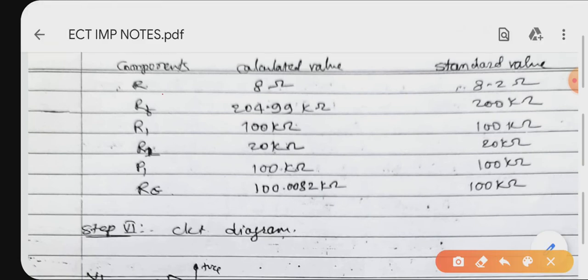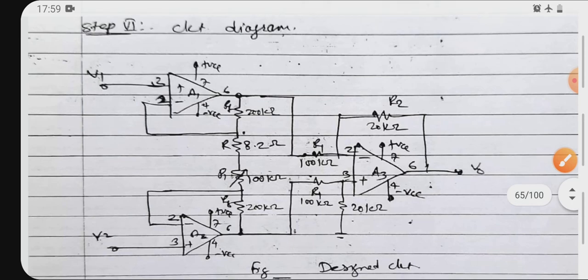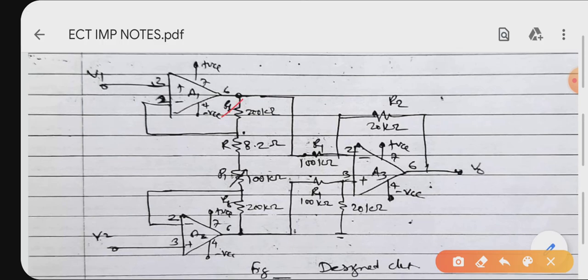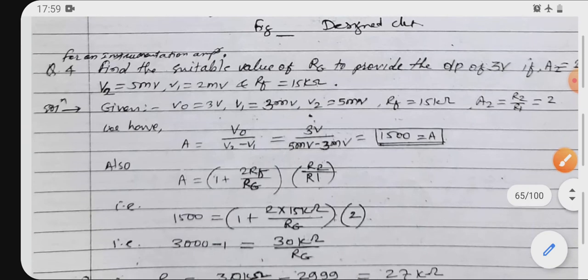These are the components from R to Rg, calculated values and standard values. And don't forget to draw the circuit diagram at the last, with RF same resistors having 200 kilo ohm, R 8.2, P1 100 kilo ohm, R1 and R1 having the same value 100 kilo ohm, R2 and R2 having the same value 20 kilo ohm. All the op amps are IC 741s.